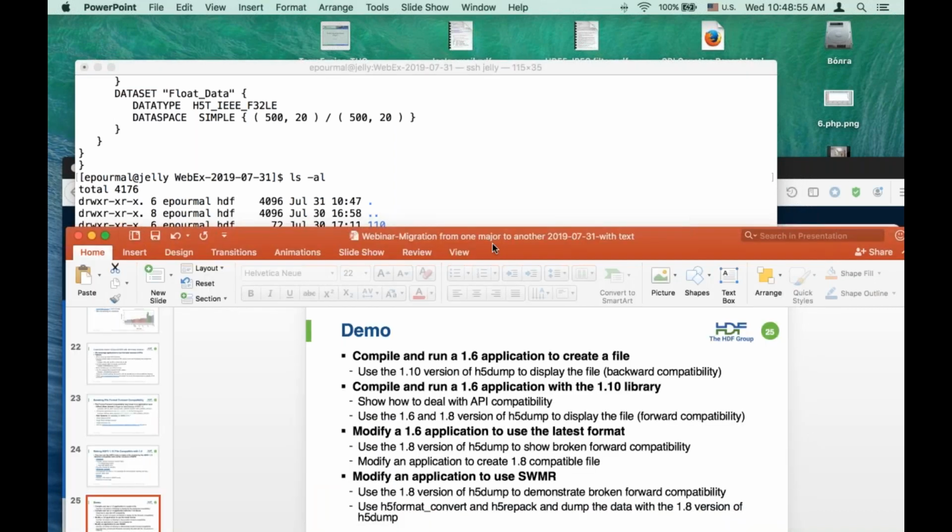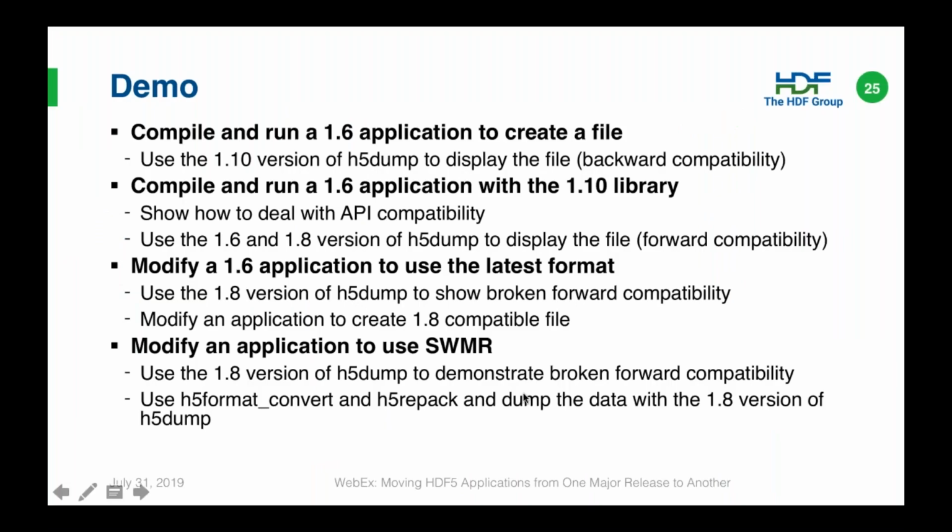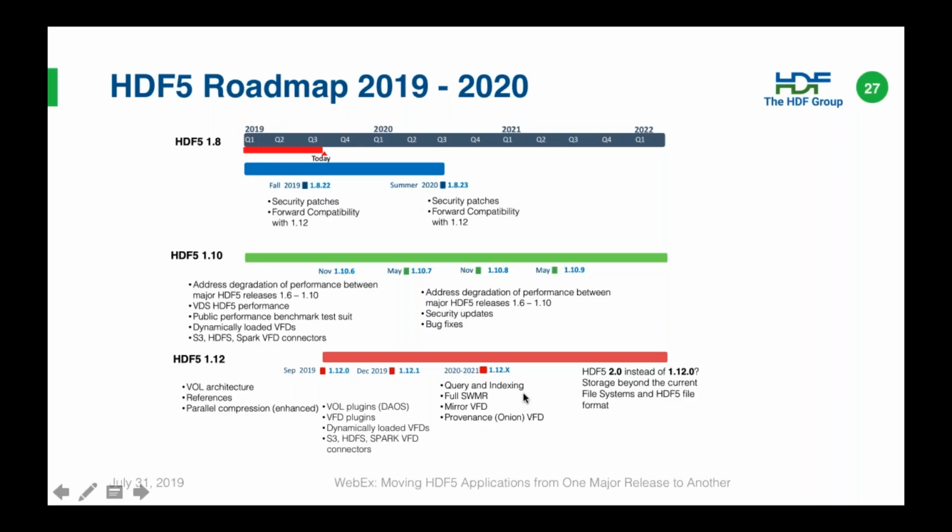Now I will go back to my presentation, and we have a few minutes to finish about the roadmap. I hope you can see the roadmap. Its font is slightly small here.